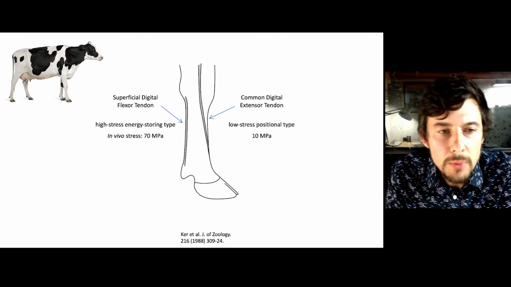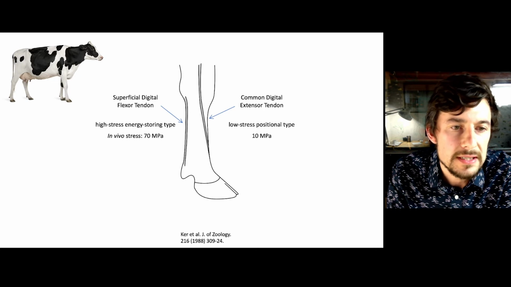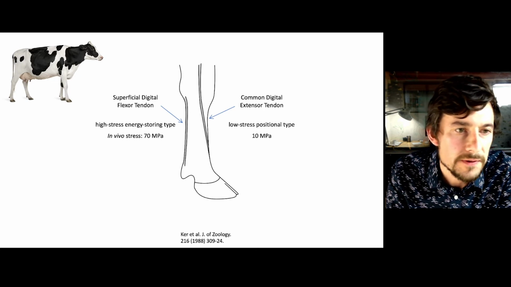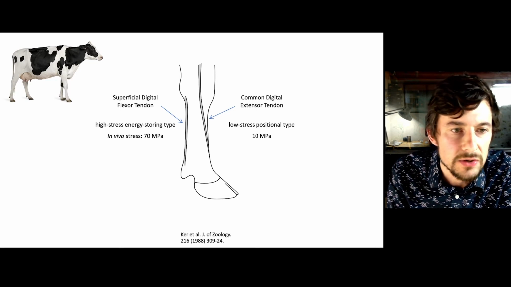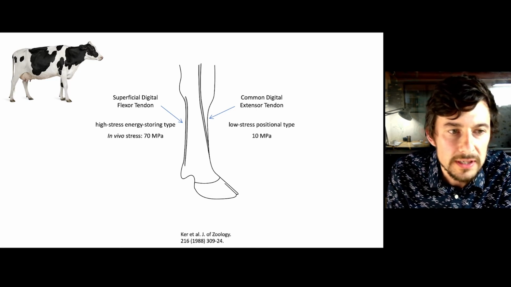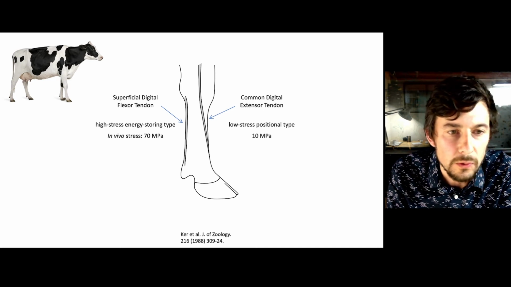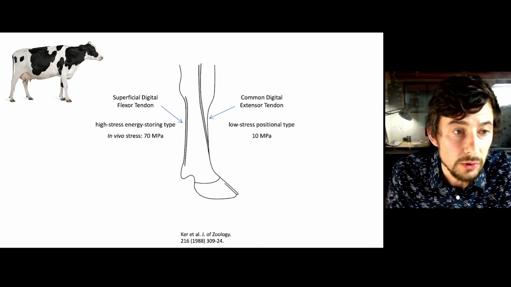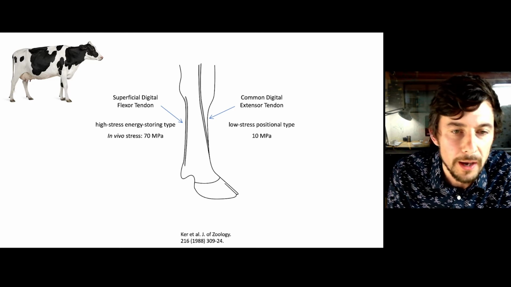So the bovine forelimb contains these two functionally distinct tendons. On the palmar surface is the superficial digital flexor tendon, and it's a high-stress energy storing type of tendon that is used to transmit the forces needed to engage in locomotion. So it's got a maximum stress in life of about 70 megapascals.